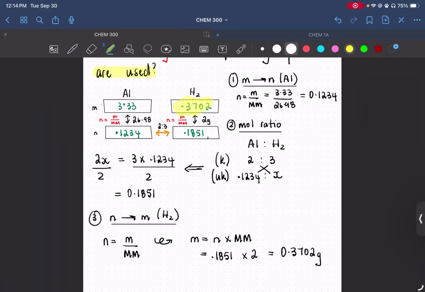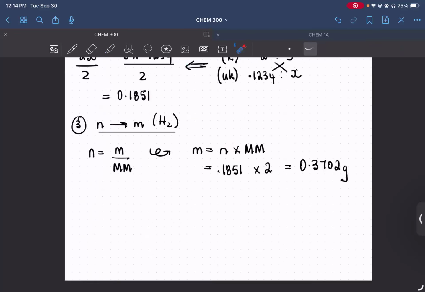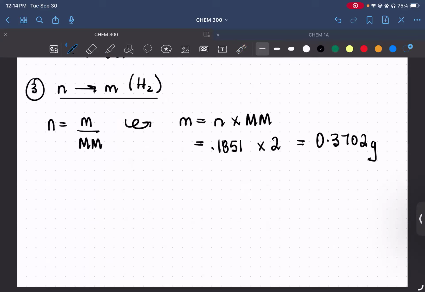Now, technically speaking, we're not done yet. Remember what the original question was all about. It was about percent yield. Percent yield, here abbreviated as %Y, is equal to the actual yield divided by the theoretical yield, abbreviated to AY and TY, respectively.